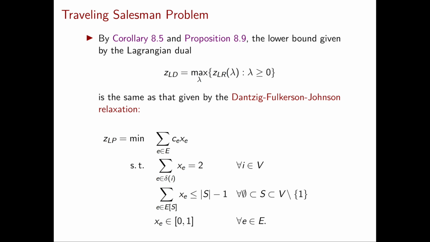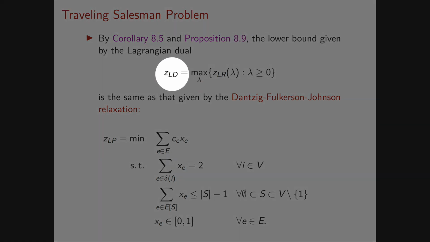Note that, as opposed to the general theory that we introduced in this chapter, where our original problem was a maximization problem, for our example of the traveling salesman problem, our objective is instead in minimization form. Therefore, all the bounds that we obtain are lower bounds, and in particular, the Lagrangian dual is defined to be the best lower bound.